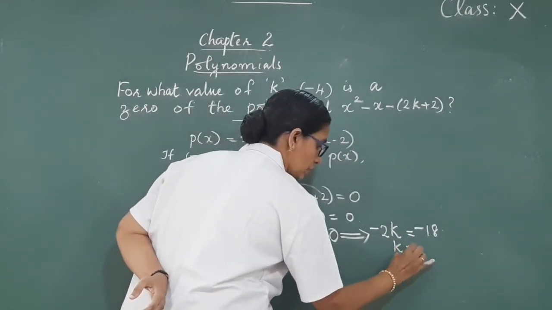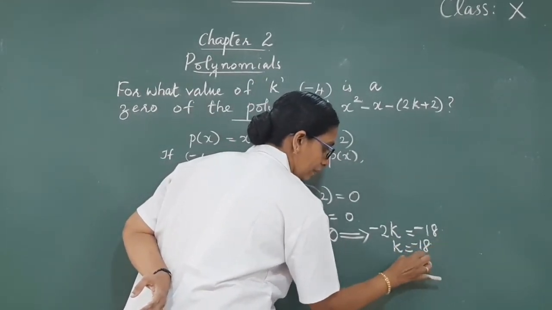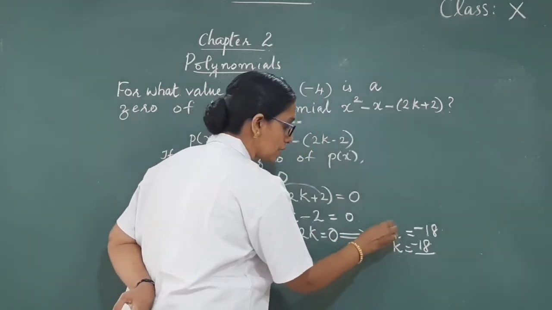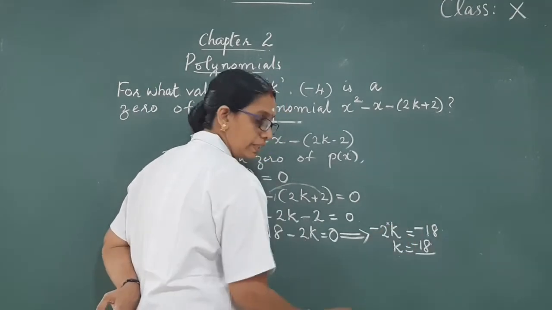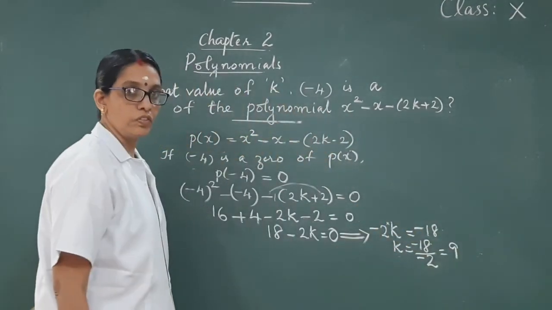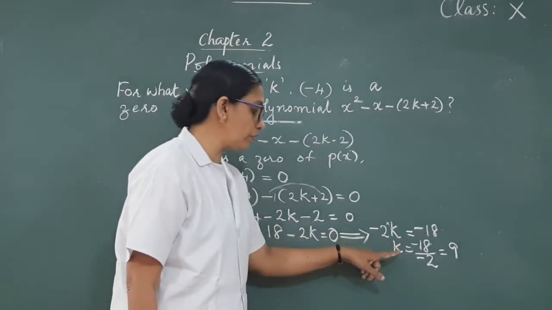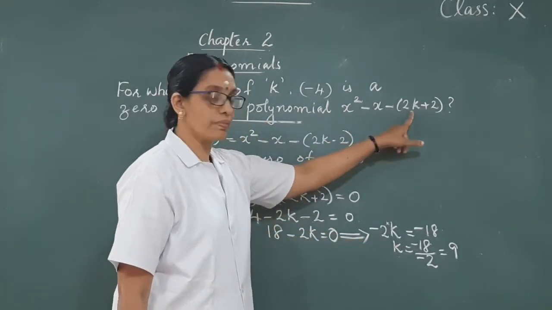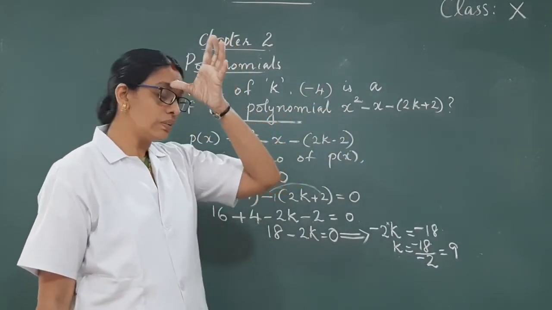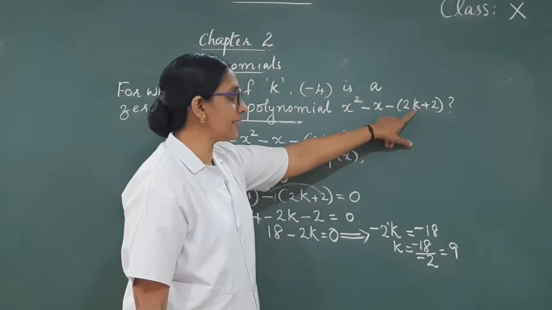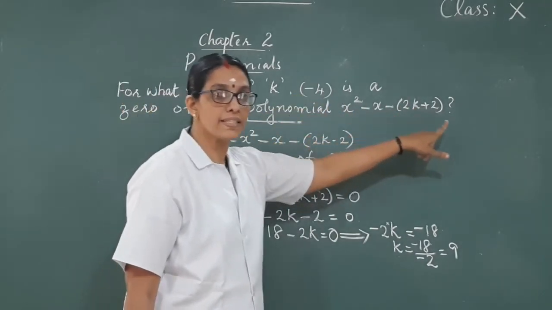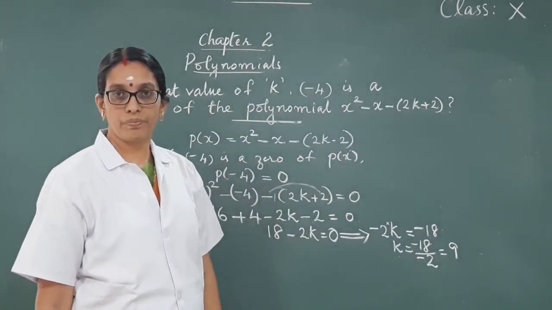So k equal to minus 18 by minus 2. Minus 2 is multiplied here, it will become division. So it is 9. So what we have to put as the value of k here to get minus 4 as a zero? We have to put 9 here to get the zero of the polynomial as minus 4.